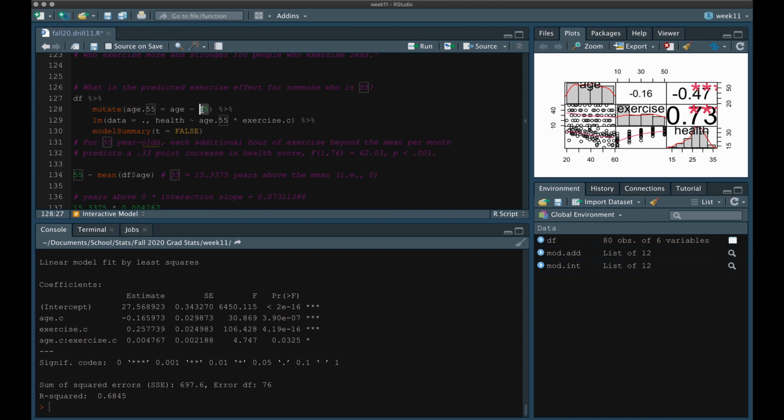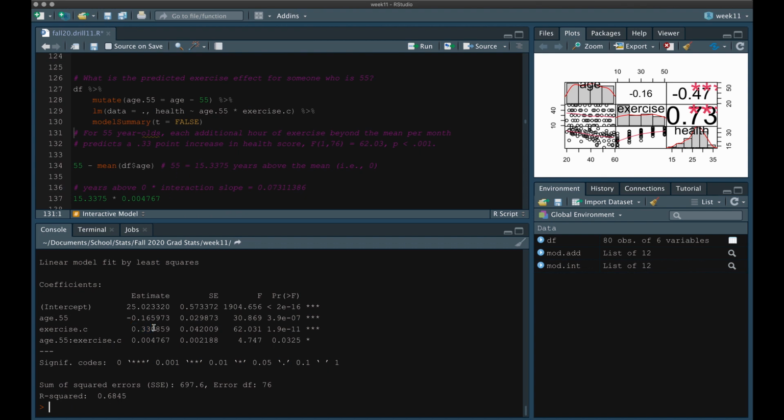We're just subtracting 55 from age and creating the same linear model, regressing health on age 55, where 0 means somebody who's 55 years old, and centered exercise. And when we look at that, we can see that the expected exercise effect for somebody who's 55 years old is 0.33.